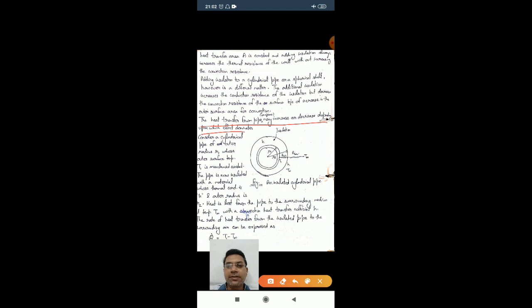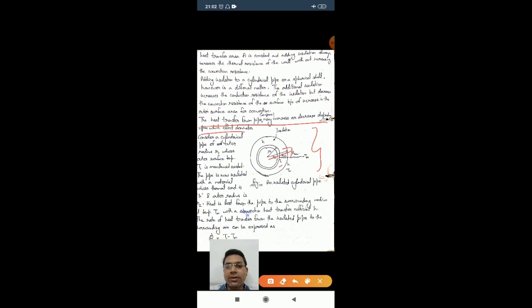So consider a cylindrical pipe of outer radius r1, and whose surface temperature is T1. T1 is maintained constant. The pipe is insulated.